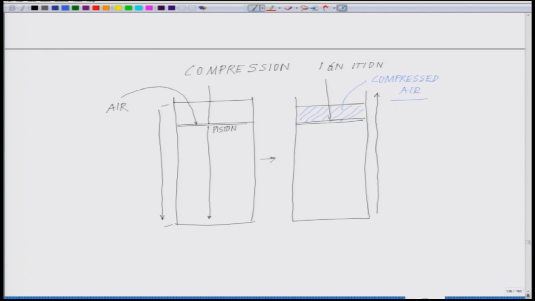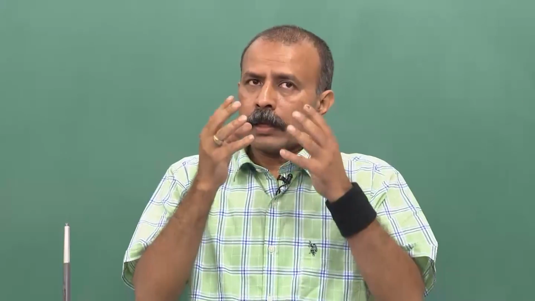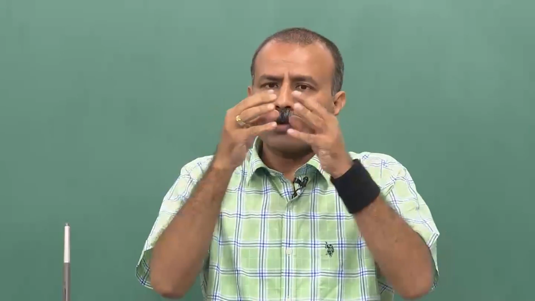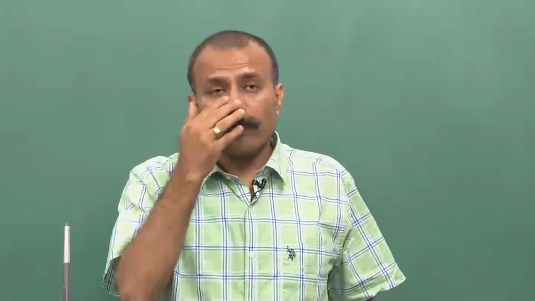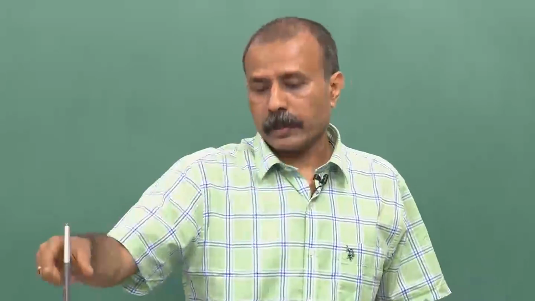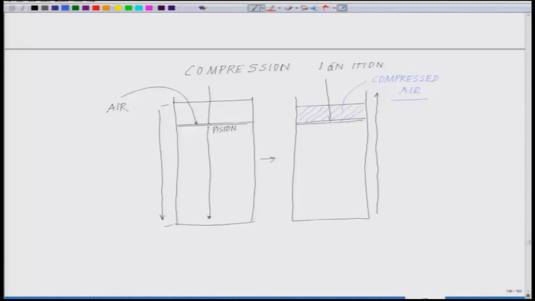And this compression of the air, because of the closeness of the molecules, they come so close, as I was trying to explain in the spark ignition engines, that because of the collision of these air molecules they attain a very, very high temperature, approximately around 1400 degrees Fahrenheit.